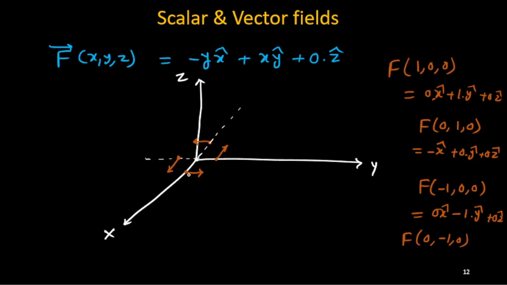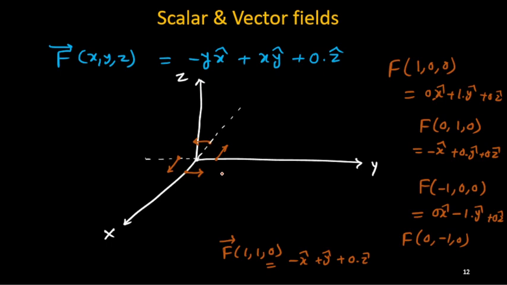This is interesting. Now suppose I consider one more point, f of 1 comma 1 comma 0. What is this vector field at this point? Here x equals 1 and y equals 1, so it is minus x plus y and plus 0 z vector.